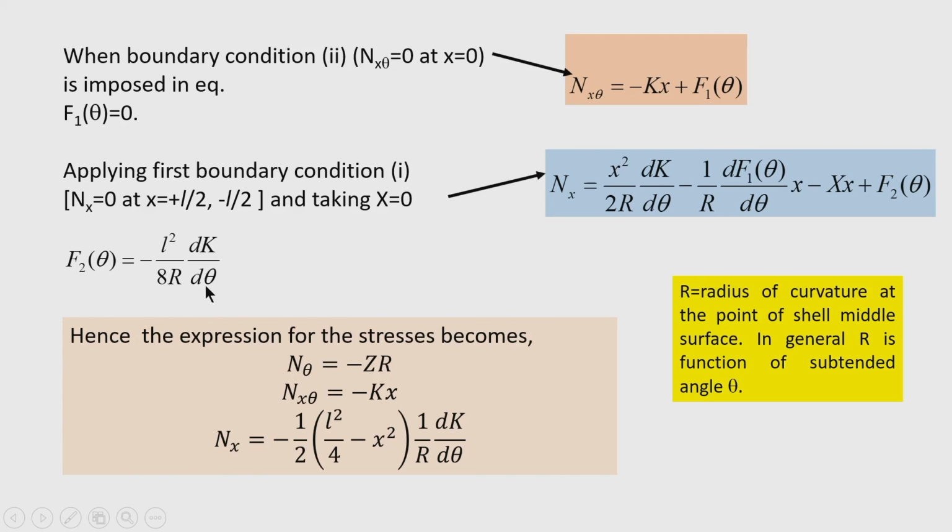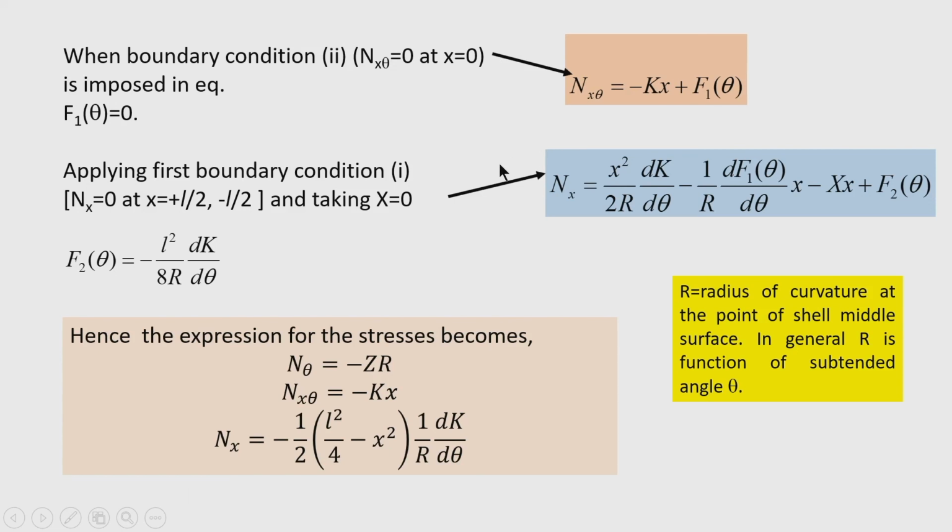When substituted in the expression for n x, we can simplify it as n x equal to minus 1 by 2 bracket L square by 4 minus x square, times 1 by r d k by d theta. R is the radius of curvature at the point of the shell mid surface, and in general r is a function of the subtended angle theta.